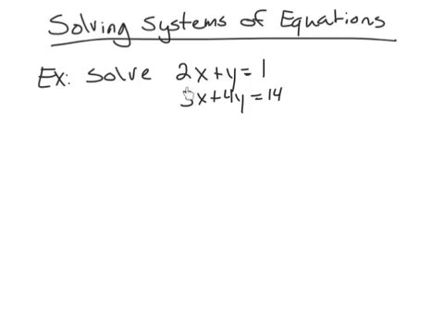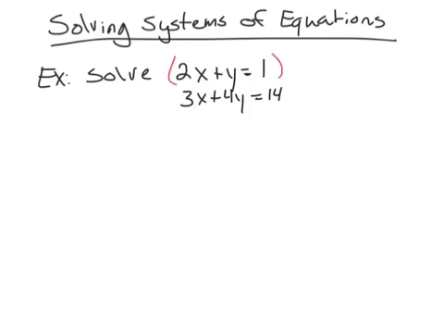So here's my system. 2x plus y is equal to 1, and 3x plus 4y is equal to 14. What we're going to do is create additive inverses. I can create additive inverses for the y by just multiplying the top equation by -4.